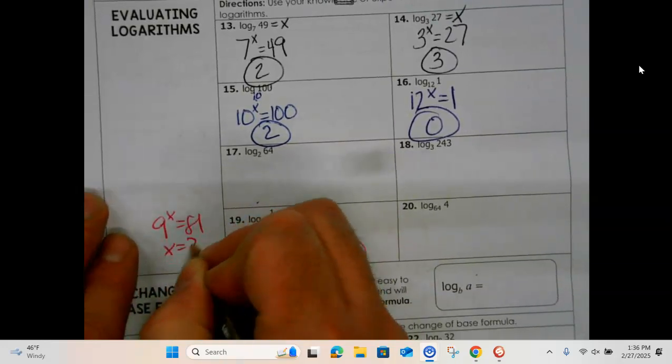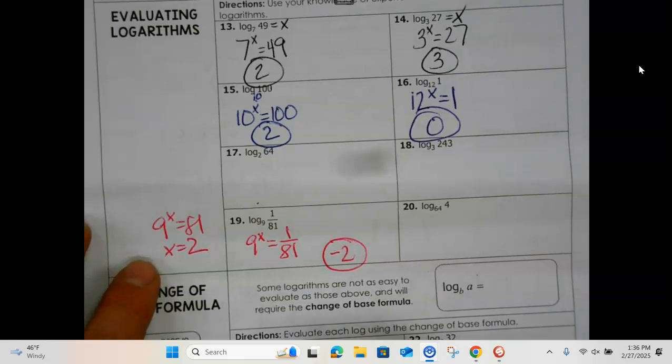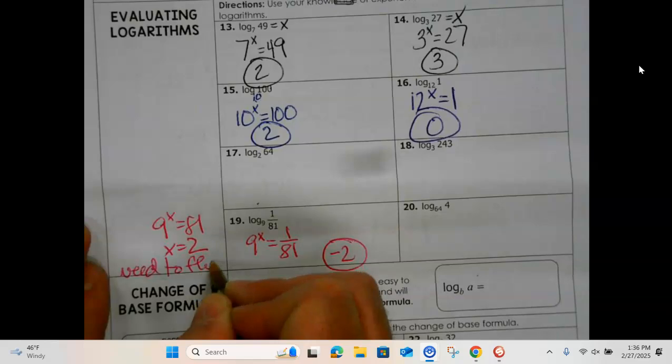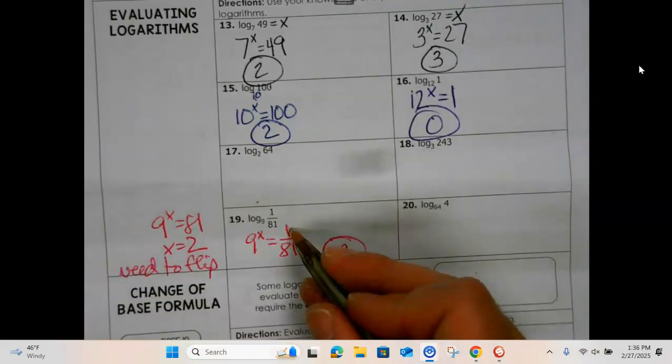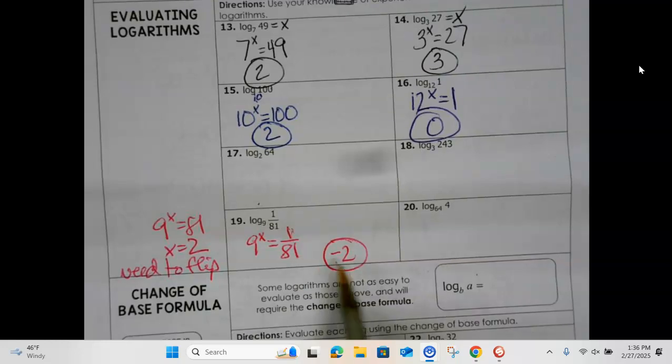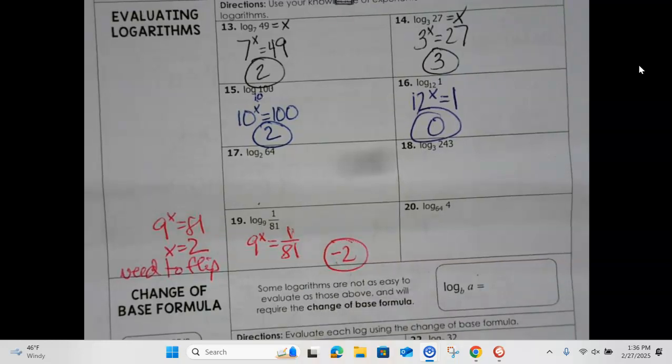Well, that would be 2, but I need to flip it because I need it to be 1 over 81. That's where we use the negative. If we need to flip something, whether it's a fraction into a whole number or a whole number into a fraction, we're going to need the negative. So that's something good to keep track of. Then the craziest one.